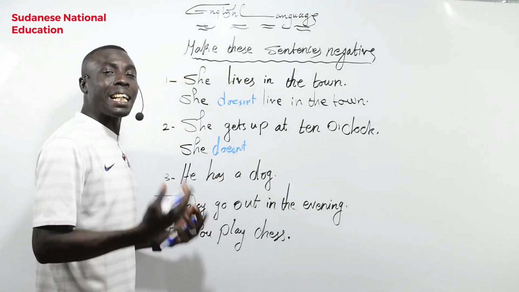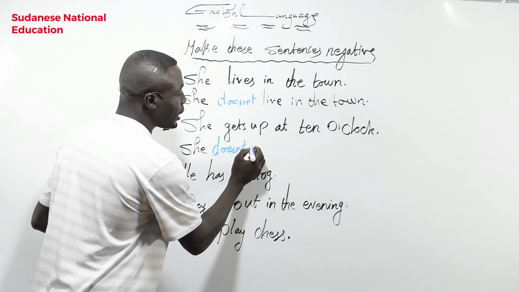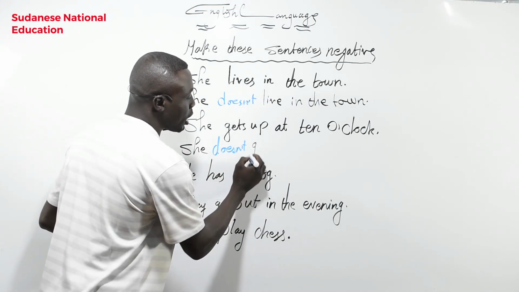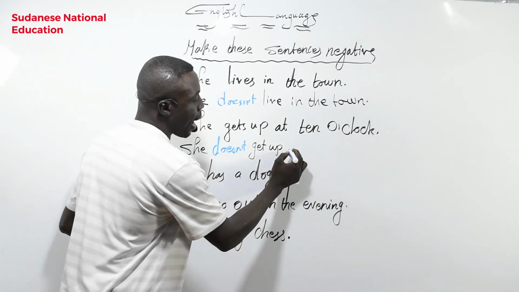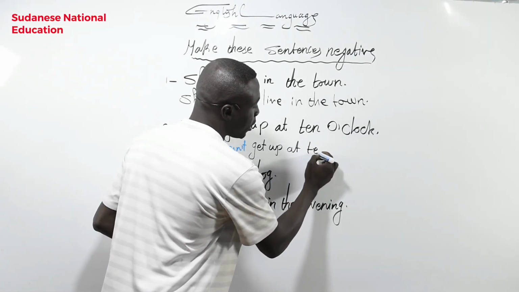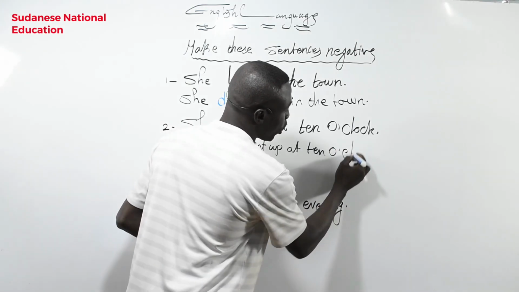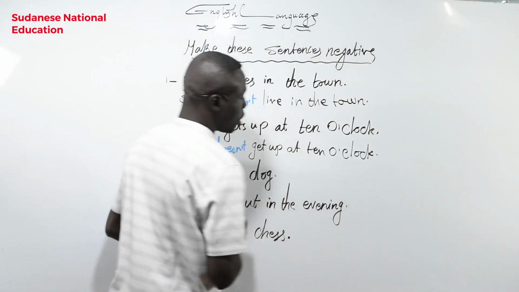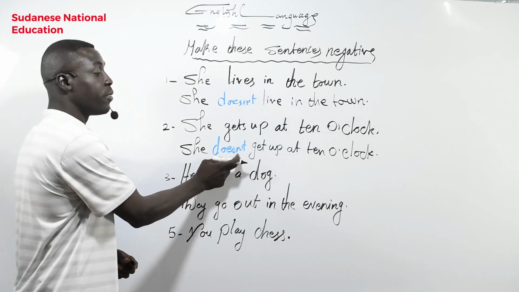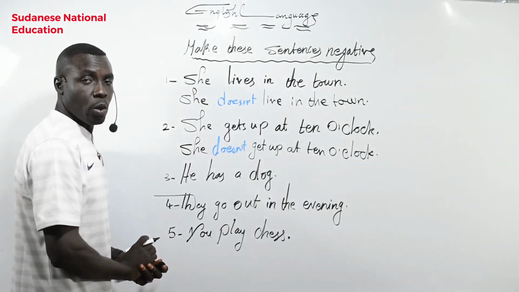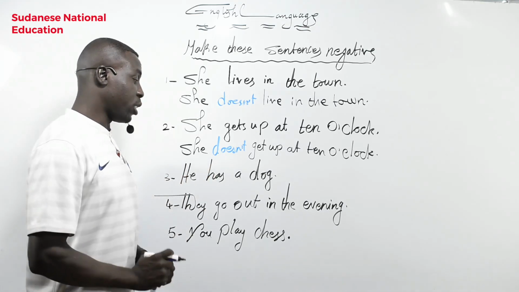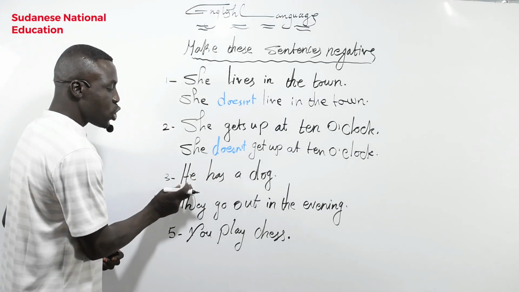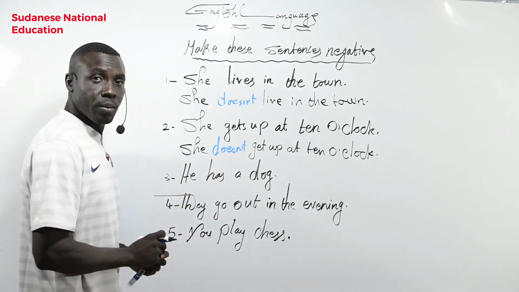Not she doesn't gets. No. She doesn't get up at 10 o'clock. So when there is does in a sentence, the verb is usually what? Infinitive.